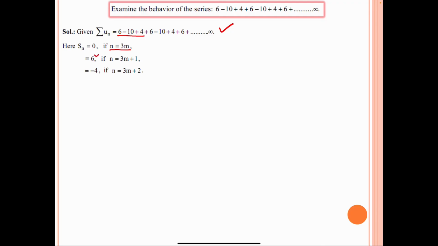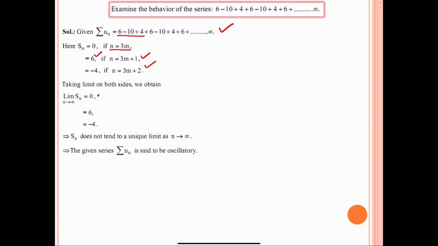Sum is 6 if n is 3m plus 1. Sum is minus 4 if n is 3m plus 2. So this means that Sn is 0 as well as 6 as well as minus 4. So taking limit on both sides, we get these three values 0, 6, minus 4. Clearly implies Sn does not tend to a unique limit as n tends to infinity. This means the summation un is said to be oscillatory.